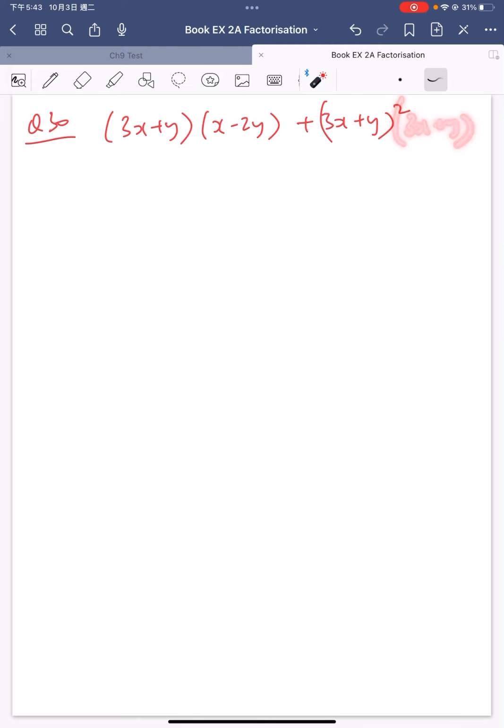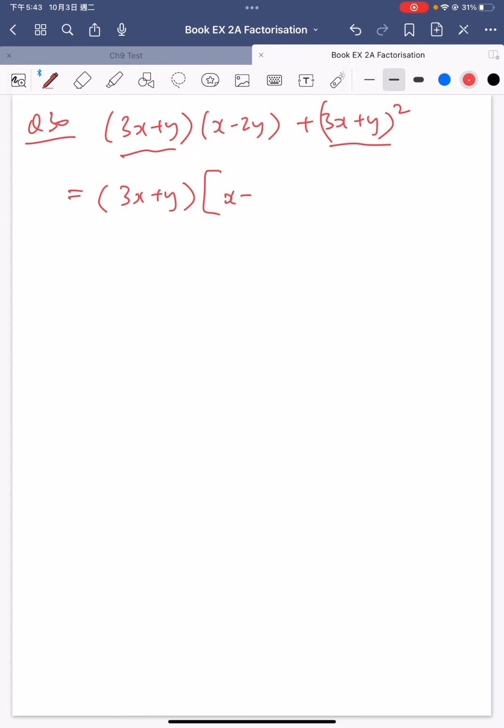Question 30, we have 3x plus y times x minus 2y plus 3x plus y squared. So squared means that we have 3x plus y times 3x plus y, okay? So now we can take out 3x plus y as the common factor. Then we have 3x plus y times x minus 2y as the rest, right?